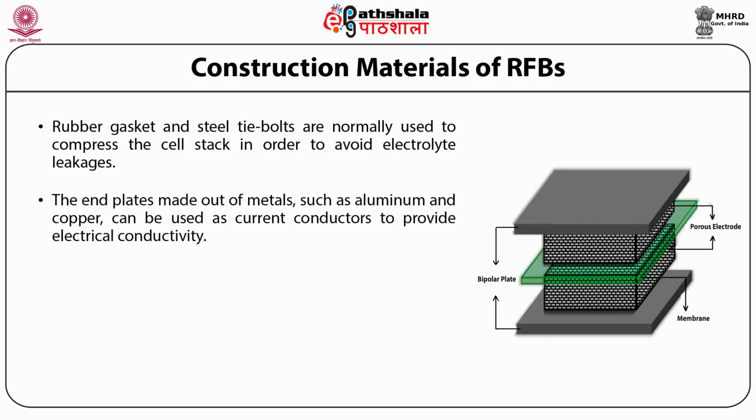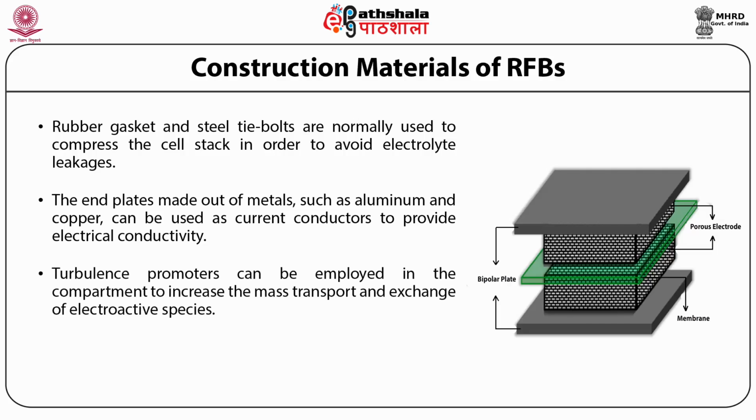The end plates made out of metals such as aluminium and copper can be used as current conductors to provide electrical conductivity. Turbulence promoters can be employed in the compartment to increase the mass transport and exchange of electroactive species.